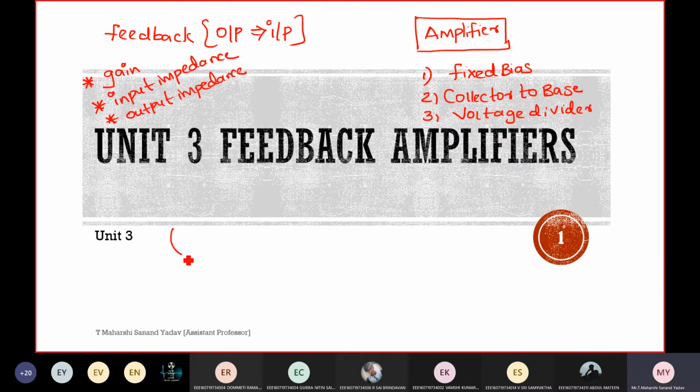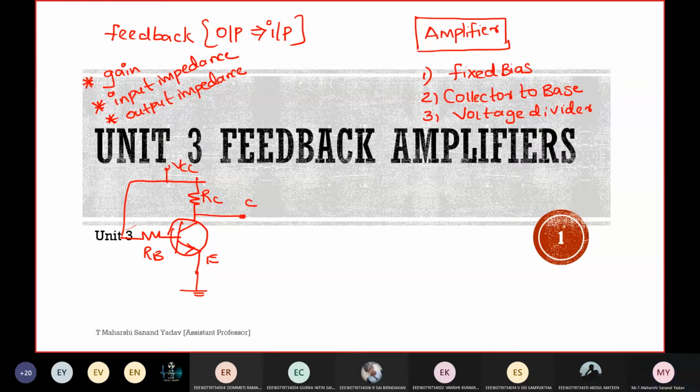So I'll draw one configuration. You tell me which bias that is. Which one is this? First one, second one, or third one? Which kind of biasing is this? Is it fixed bias or collector to base bias? Collector to base, I think.